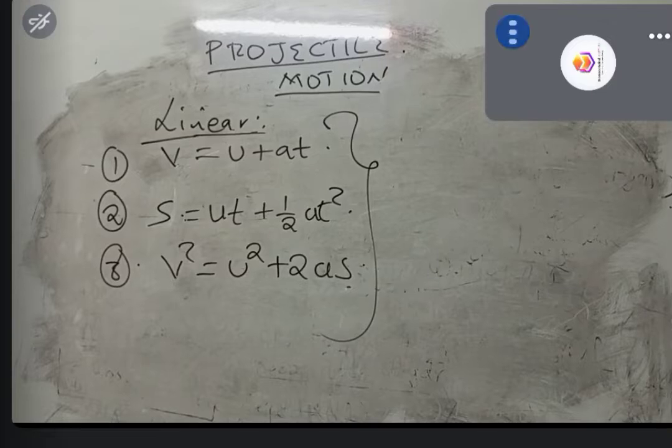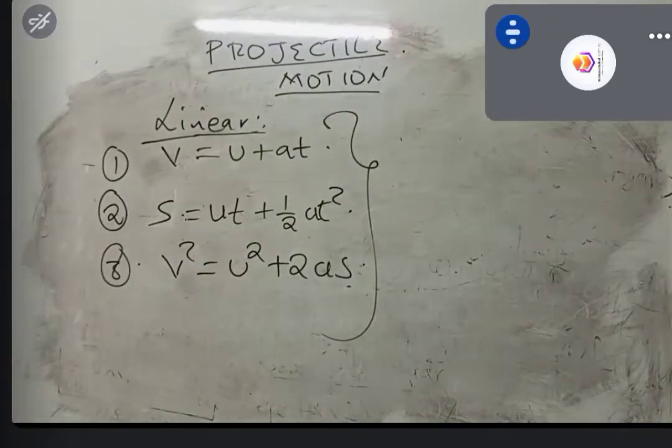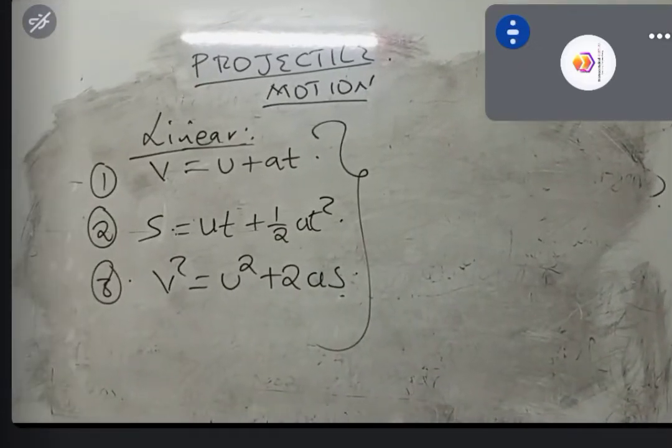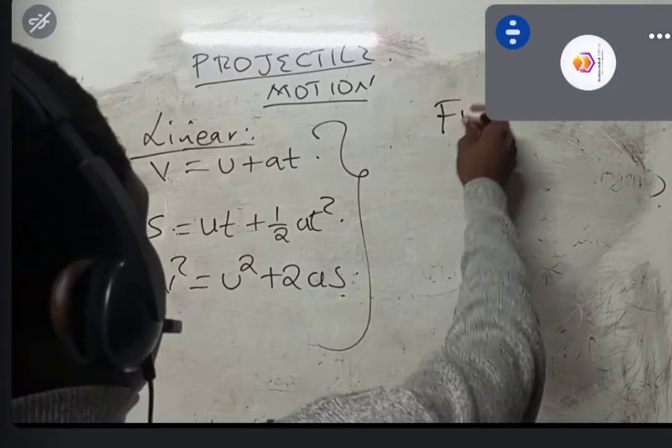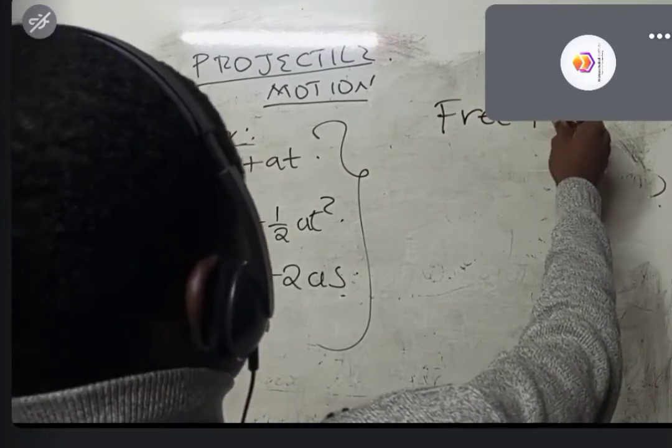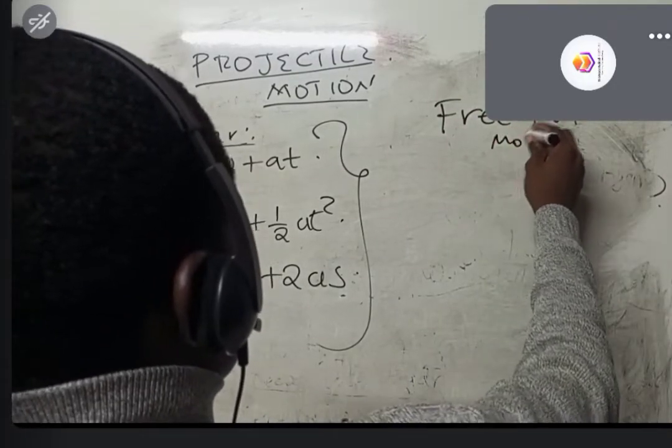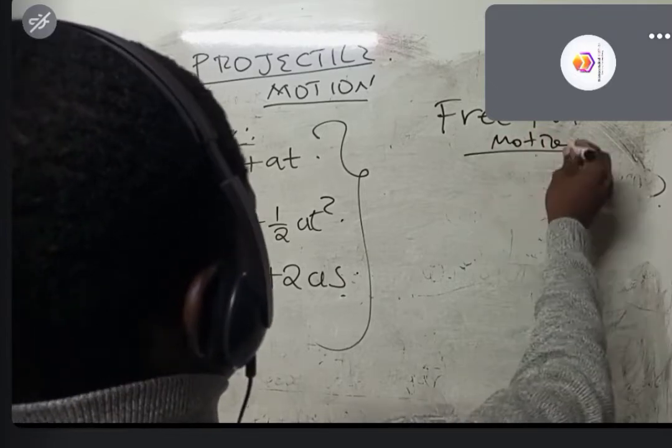Before I get to projectile motion, I want you first of all to understand free fall motion, because it's quite impossible to understand projectile motion without understanding linear and free fall motion. So let's look at free fall motion.